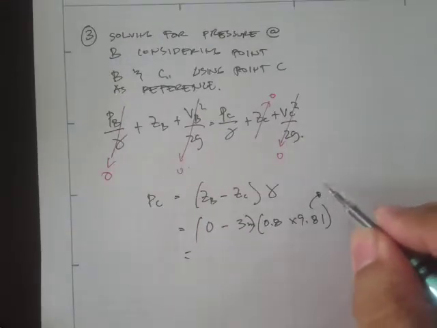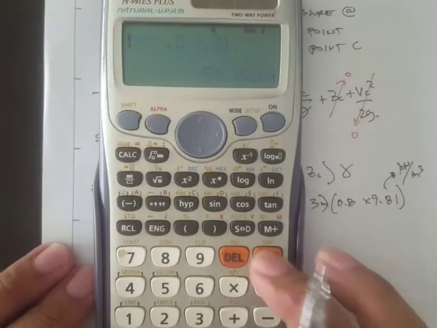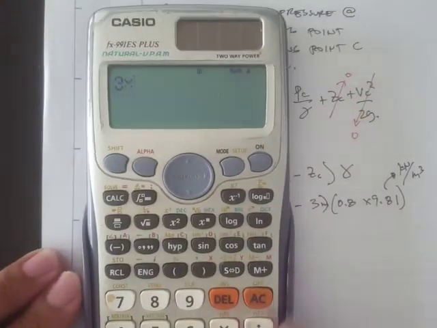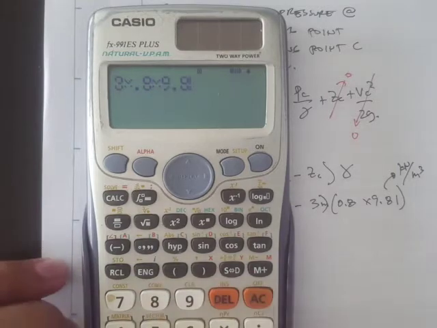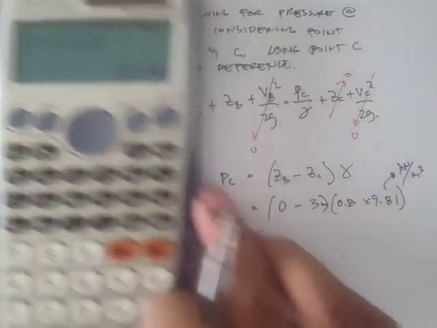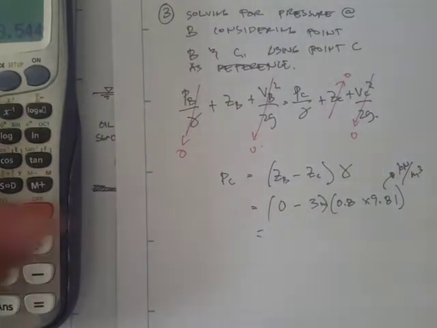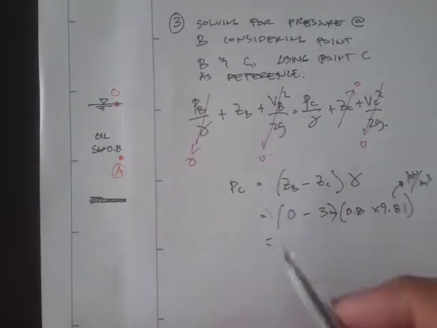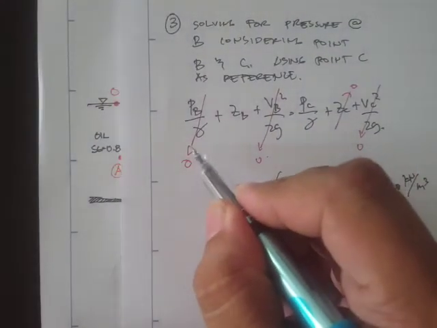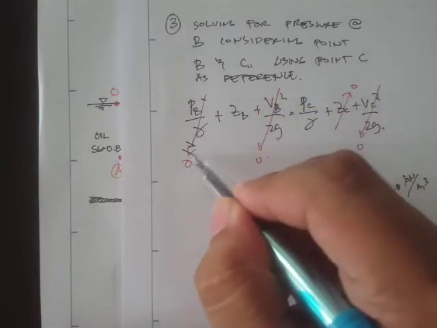Take note, this is 9.81 kilonewton per meter cube. So 3 times 0.8 times 9.81. I think this term shouldn't be 0, right? So this is not 0.